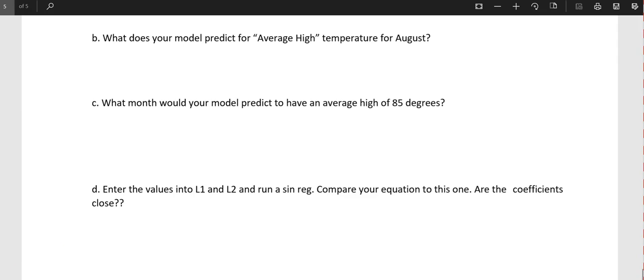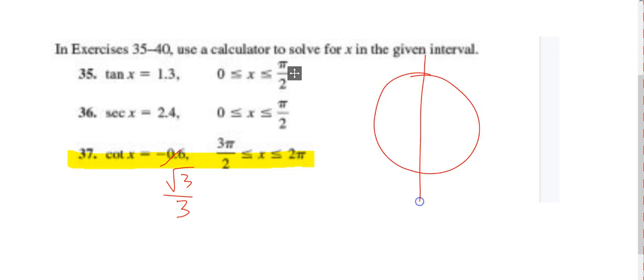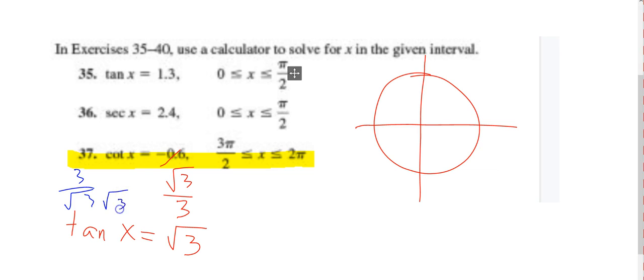I would want to switch back. Oh, man. We'll change that to negative radical 3 over 3. Is that going to work? There and there.